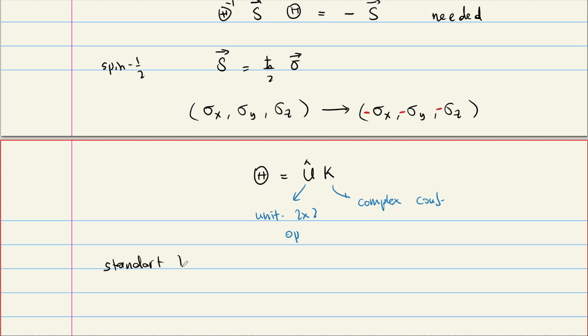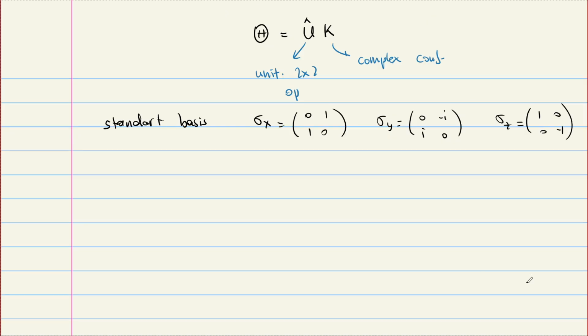In the standard basis, sigma x is 0, 1, 1, 0, sigma y is 0, minus I, I, 0, and sigma z is 1, 0, 0, minus 1. So what we want is, if I do the complex conjugation, sigma x, there's nothing complex in the standard basis, is going to go to sigma x.